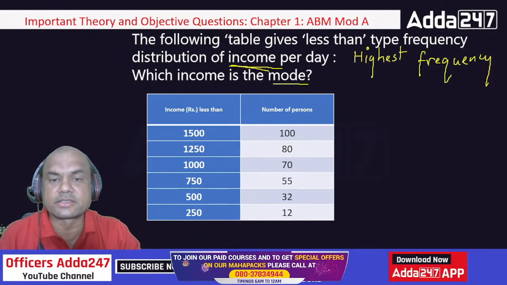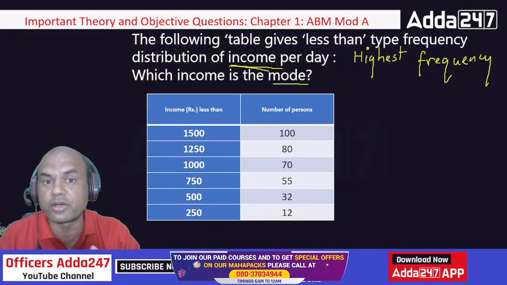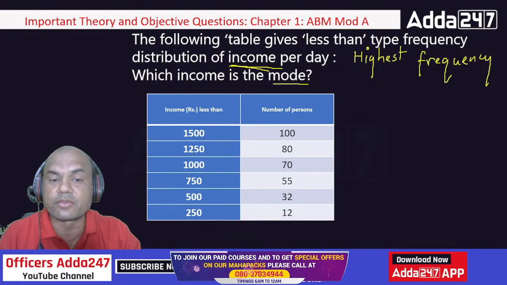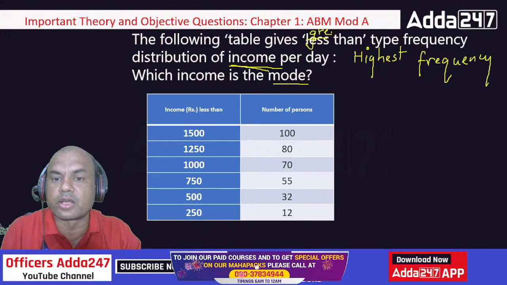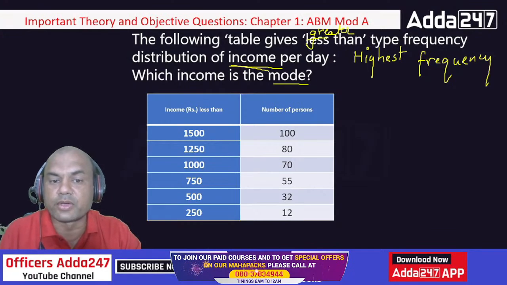Now let's say this. It is given less than frequency. So starting from the highest number. See here, what did we say? Less than type means what? Oh, it is actually reverse. It should be greater than over here. Why? Because it is starting from higher to lower. Firstly, we are having 1500, then we are having 1250 and so on. So from higher to lower we are having, so it will be greater than.